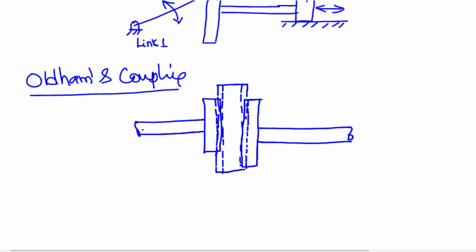It is parallel but there is a small distance between these two shafts.